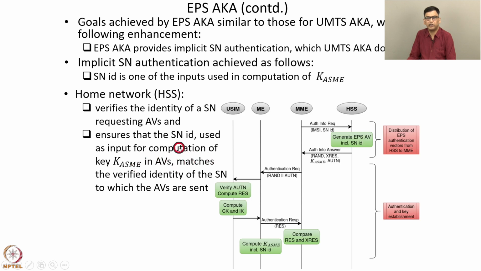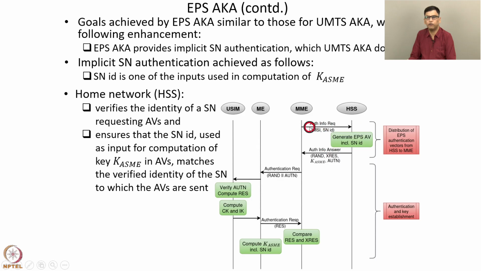So, we have seen that SNID is used as one of the inputs for the computation of the KASME that is sent in this step. The HSS verifies that the SNID that is used to generate this KASME matches the SNID of the MME which is connecting to the HSS and requesting authentication vectors.